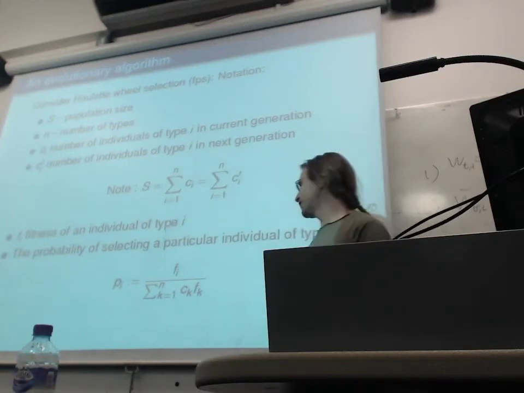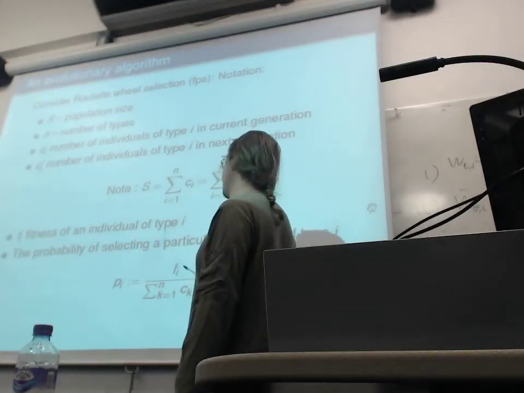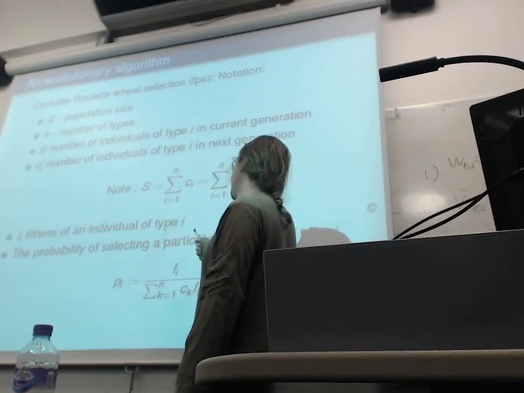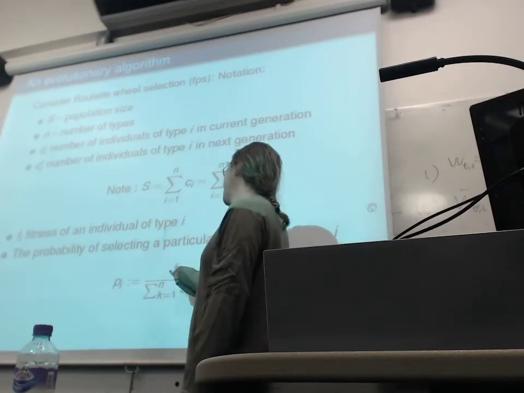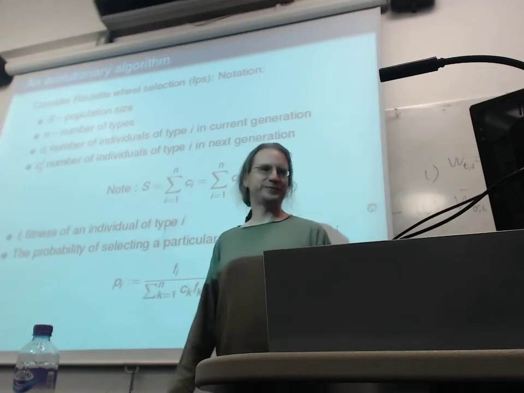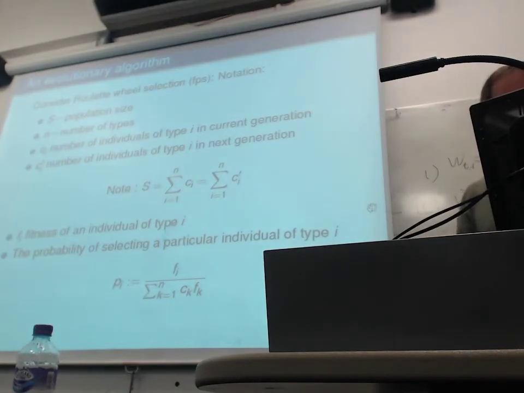You know, we could write this as the probability of, instead of saying particular, I could say any individual of type i, and add a proportion of Ci in the population. Okay, questions so far about the notation?